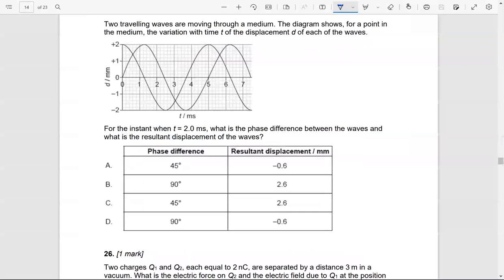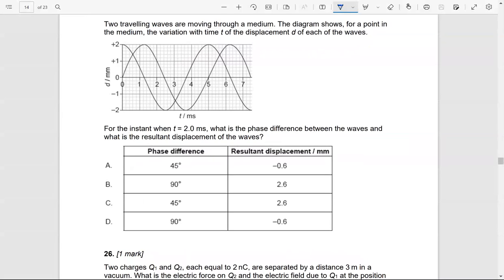The easiest way to describe this is probably by showing you the difference compared to a full wavelength that they're out.